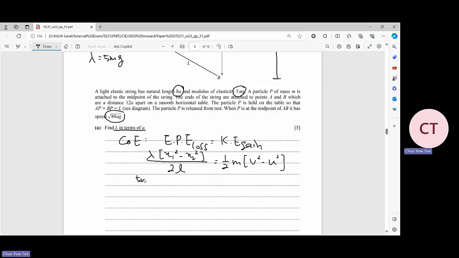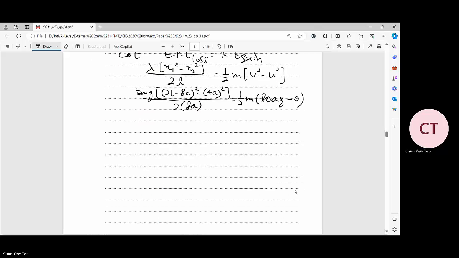Your lambda is 5mg, this one is 2L minus 8a, squared, minus 4a squared, divided by 2 times 8a, equal to half m of 80ag minus 0. Cancel the m, cancel the half.